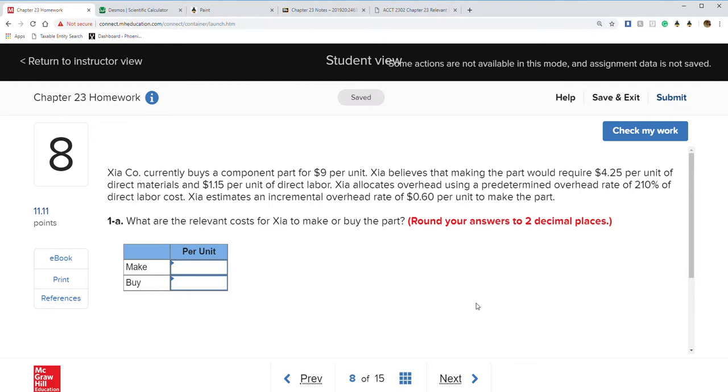They have a predetermined overhead rate of 210%, which we don't care about because that's overall. Again, we care about the incremental overhead rate of 60 cents per unit. So first off, we've got make or buy.